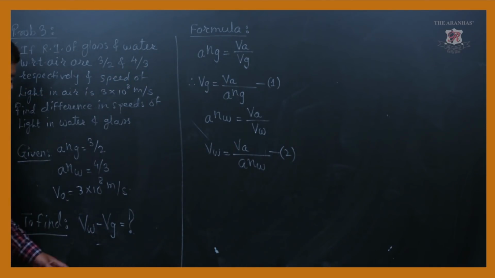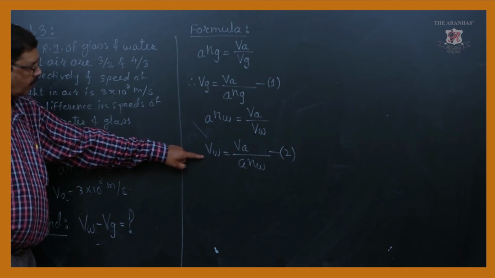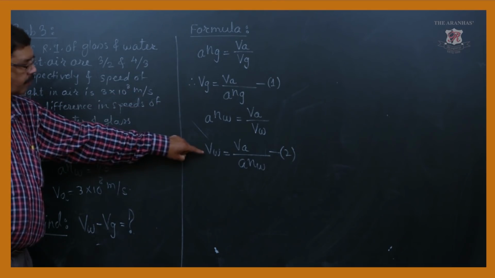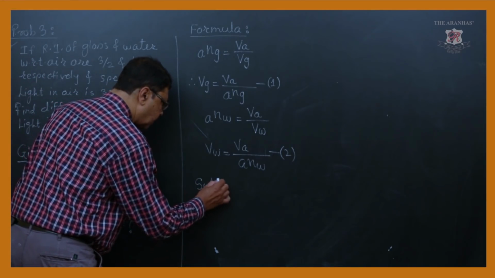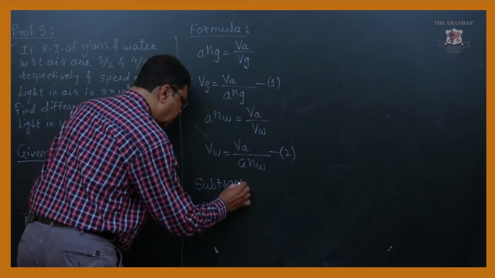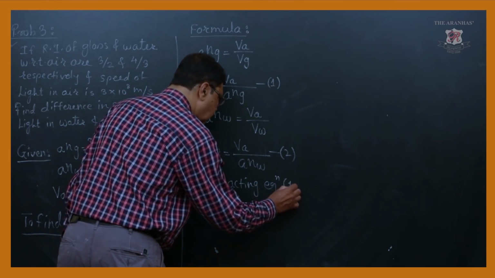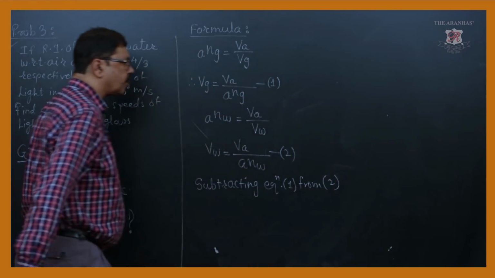Now observe what you are supposed to find out, VW minus VG. How you can generate the formula for VW minus VG? Subtract equation 1 from 2. Means what do you do?